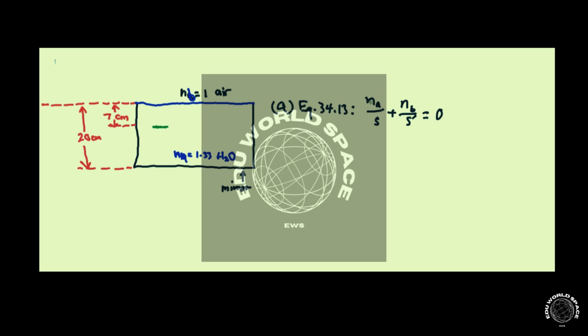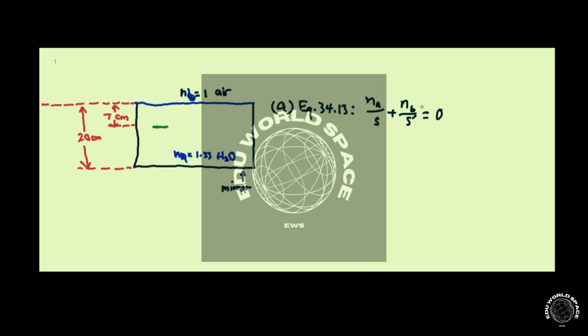And so we know NA, we know NB, we know S. So S is the object distance and S prime is the apparent distance. So we know that the object distance is 7 centimeters.